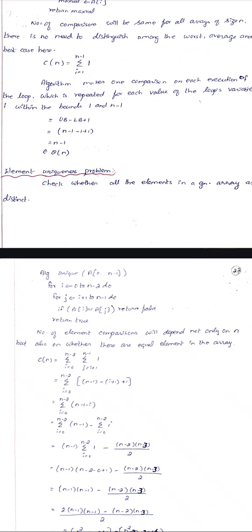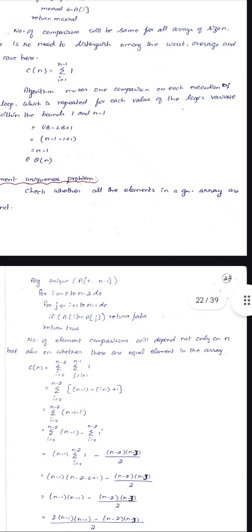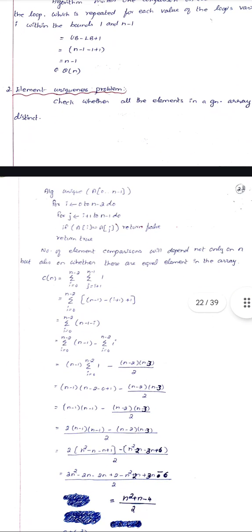Element uniqueness problem: check whether all elements in the given array are distinct. For I from 0 to n minus 2 and j from I plus 1 to n minus 1 do, if a of I equals a of j, return false, or else return true. The number of element comparisons depends not only on n but also on whether there are equal elements in the array or not.